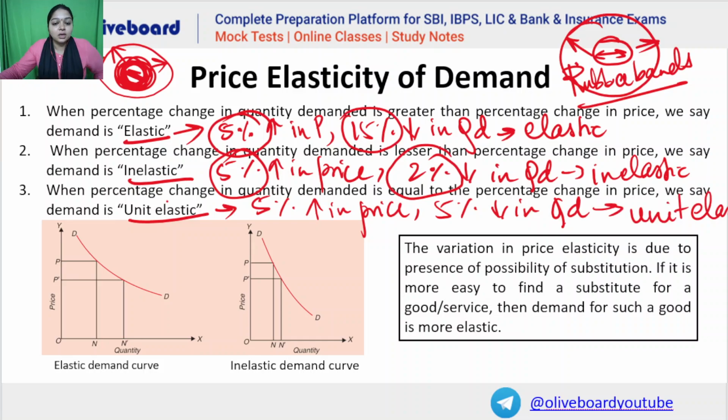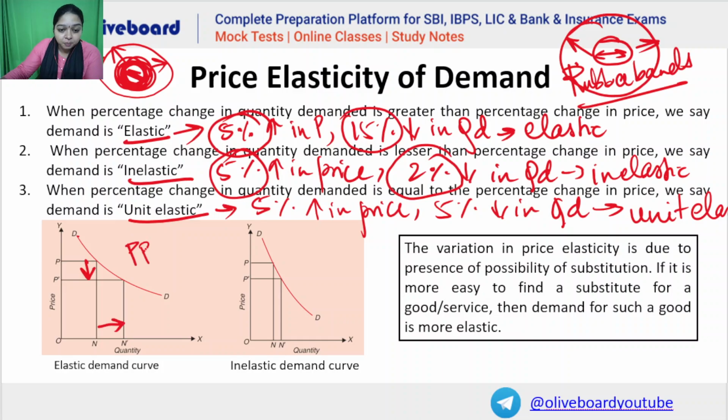Here in the demand curve that we saw yesterday, we all know that the demand curve is downward sloping. The first curve that you see is the elastic demand curve. The price is decreasing from P to P dash, and the quantity is increasing from N to N dash.